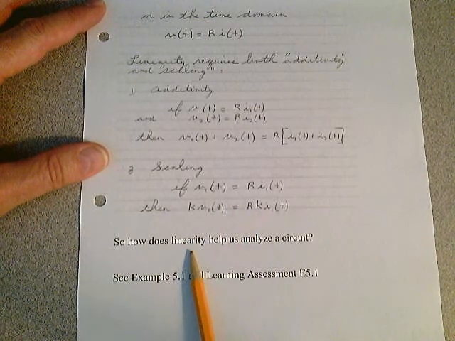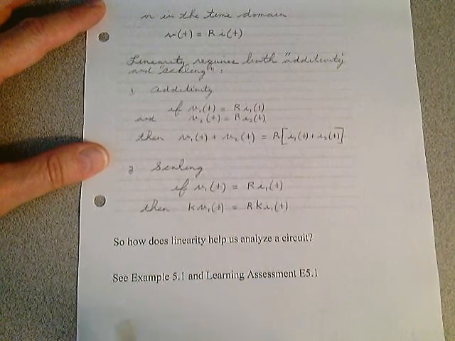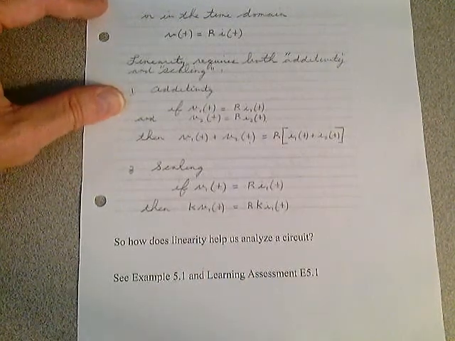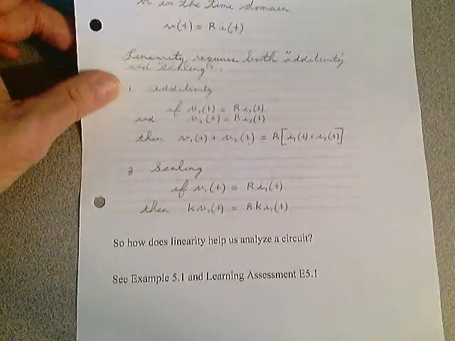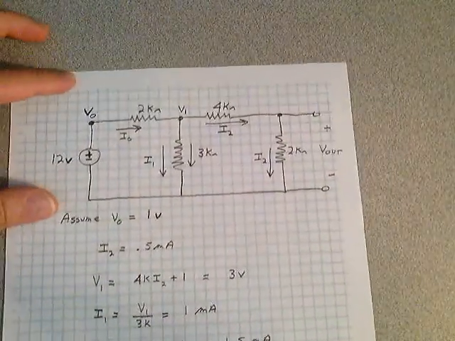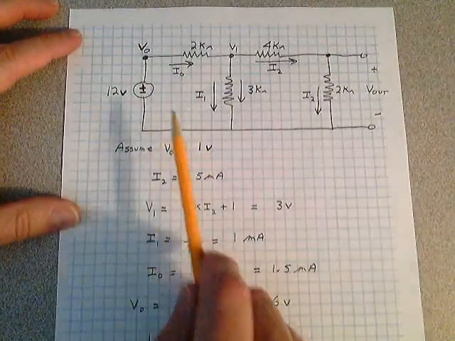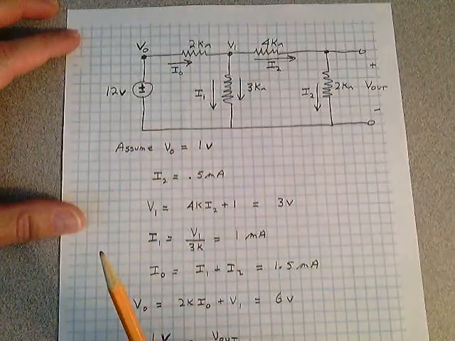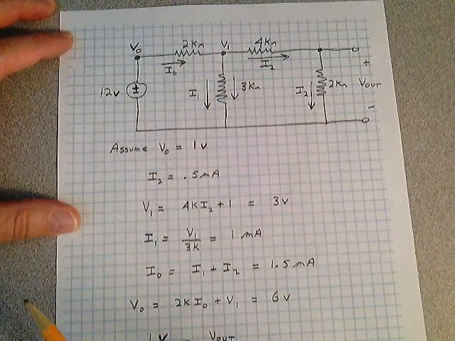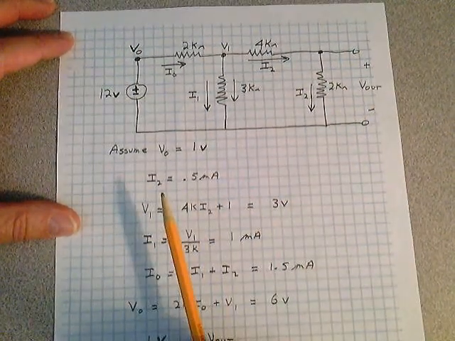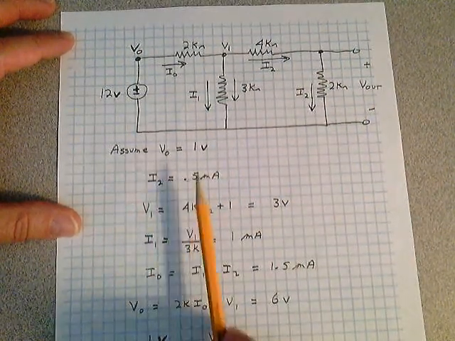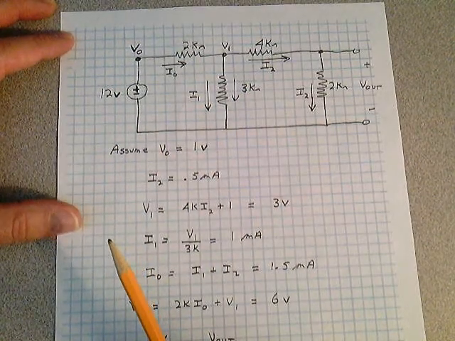So how does this linearity help us analyze circuits? Well, the best way to show this is through an example. They have an example in the book, 5.1, that looks like this. Here's a simple resistive circuit, and they want you to find V out. Well, we've done this in previous chapters.